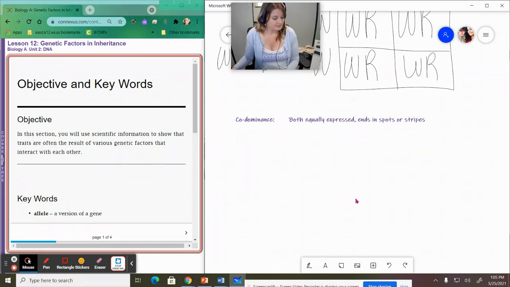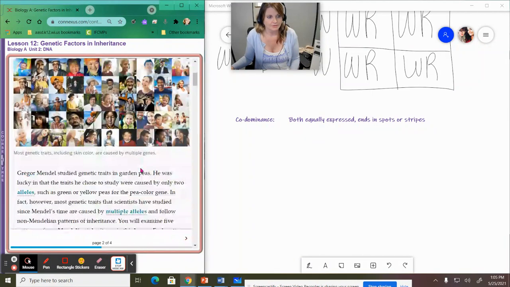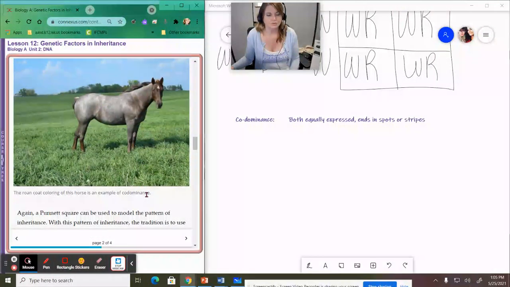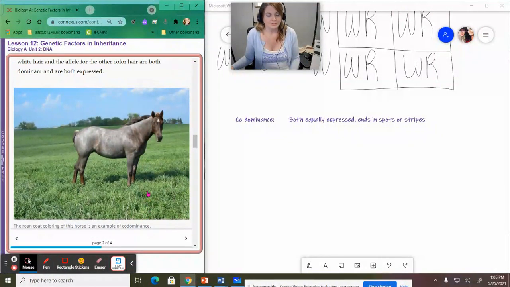And we denote this a little bit differently. So what we do is, say for example, I think in the lesson they talk about a horse. So say with the horse, you have color.